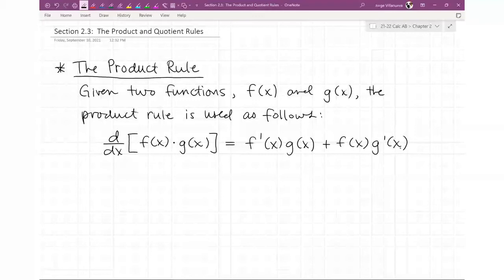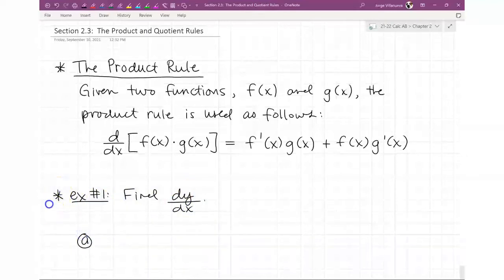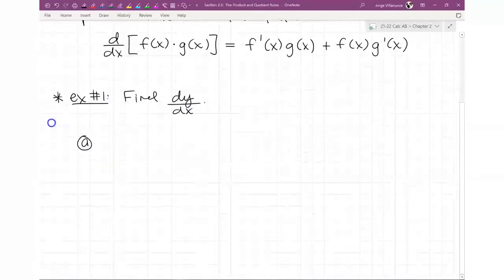Now, let me give you an example for this stuff. Find the derivatives. Let's just find dy dx. I'll leave the rule right there for us.